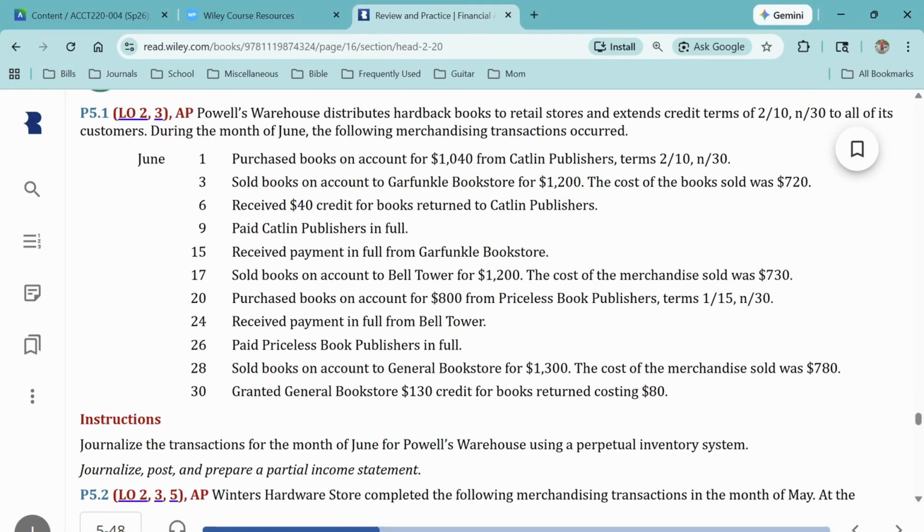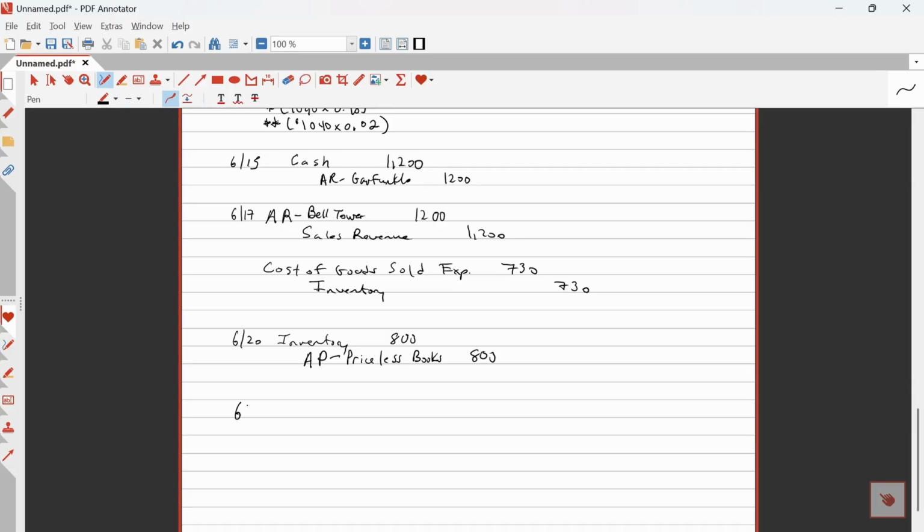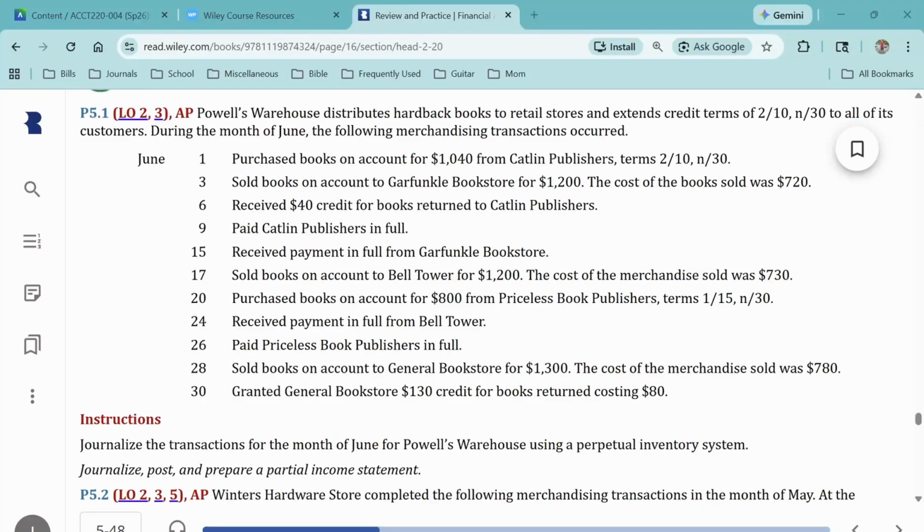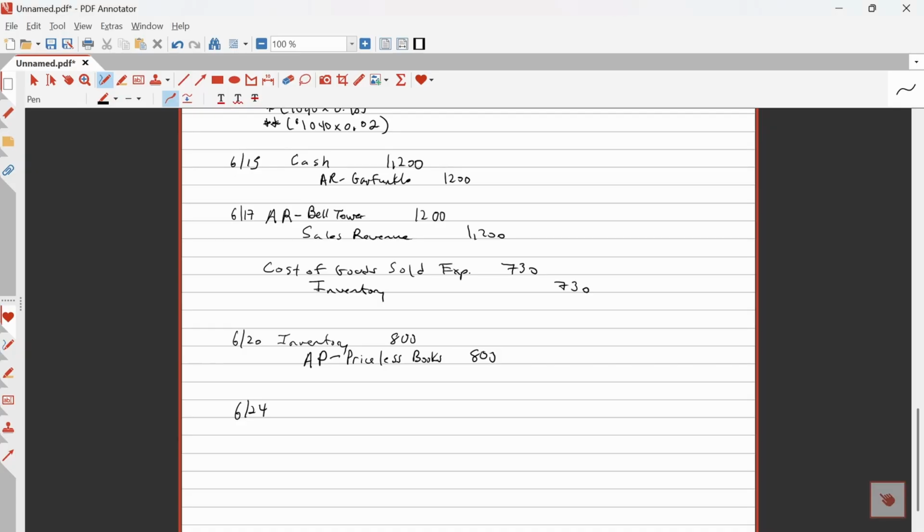All right. Then on the 24th, we received payment from Bell Tower. So Bell Tower, we sold to them on the 17th. We have an account receivable with them for $1,200 currently. As of the 24th, we still have that account receivable with them. 24 minus 17 is 7.